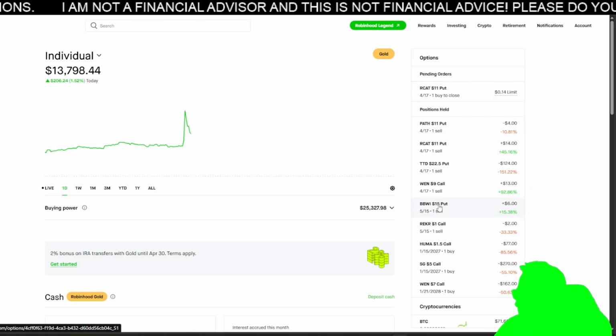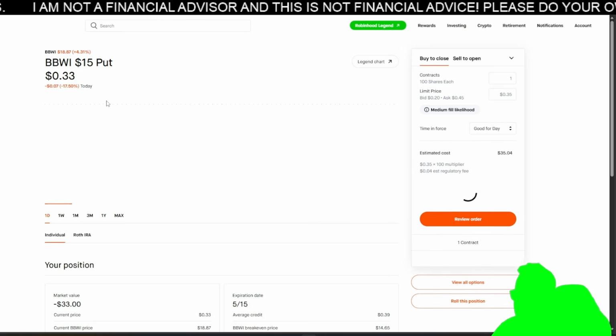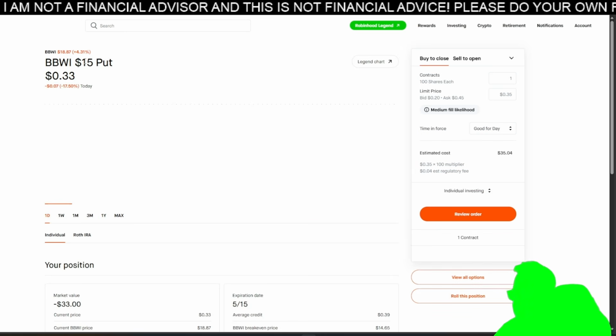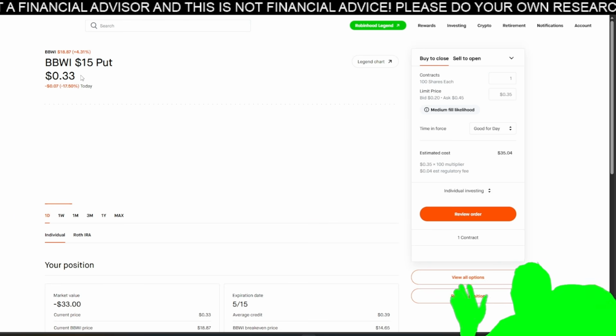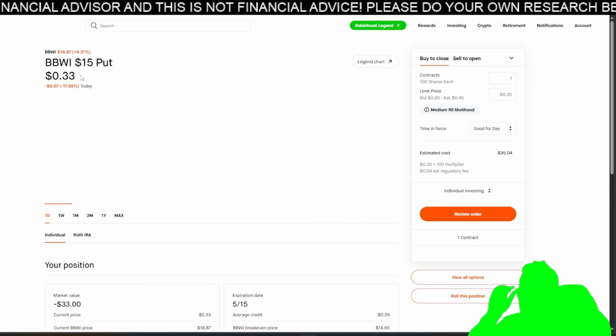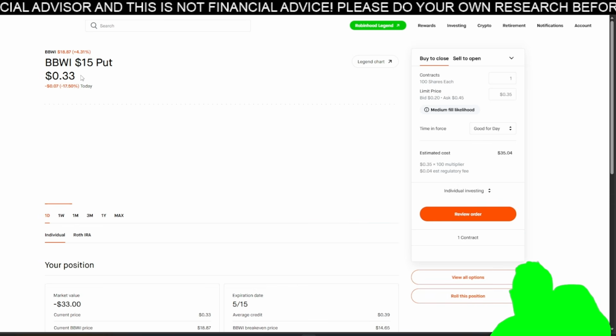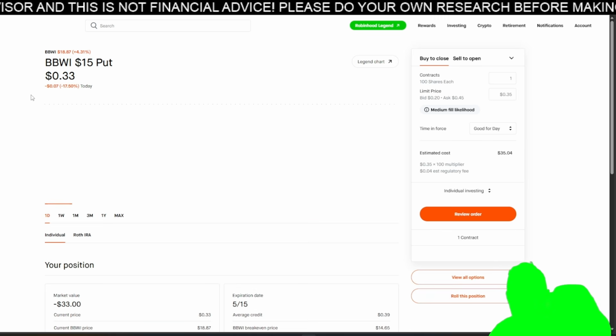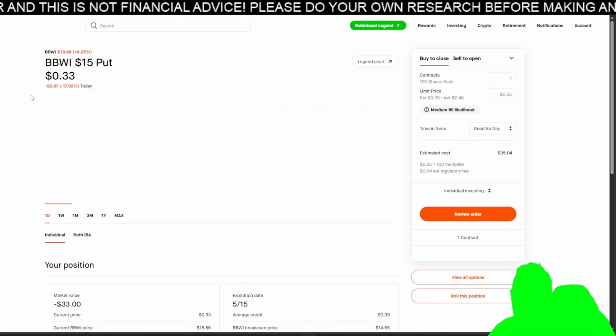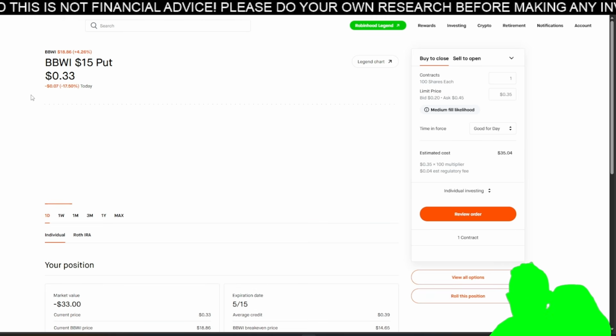So as you will see here, this Bath & Body Works put option is actually losing some value, which we're very happy with. Again, selling a cash secured put, as a little bit of a recap from the video from Monday: when you are selling a cash secured put, the goal is to collect passive income, get paid out while you wait for a stock to reach your buy price.